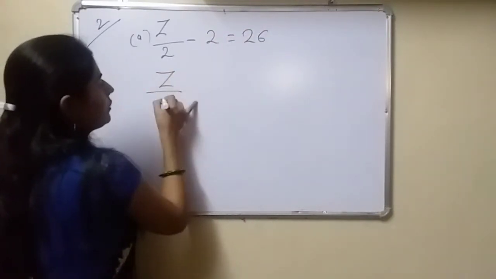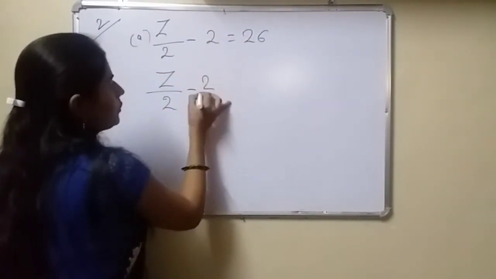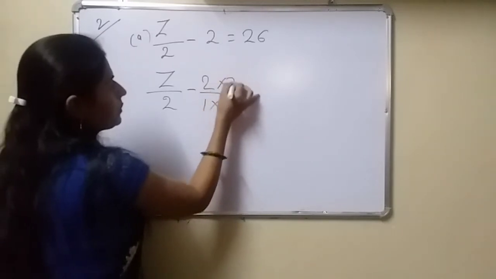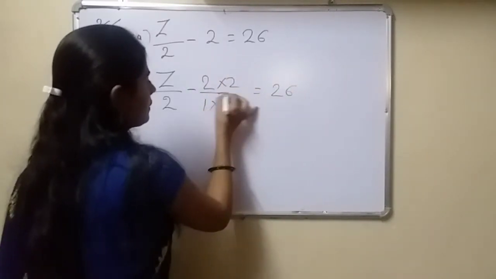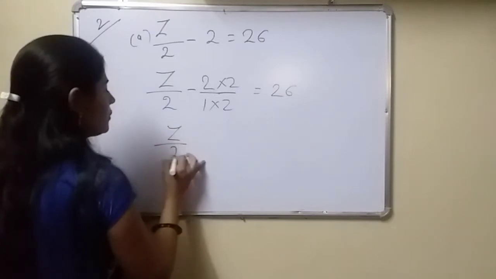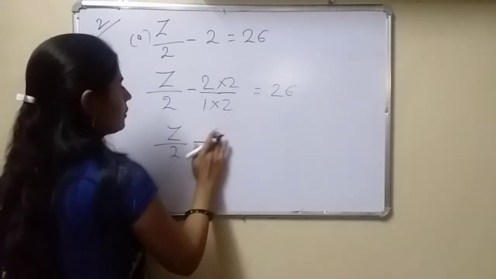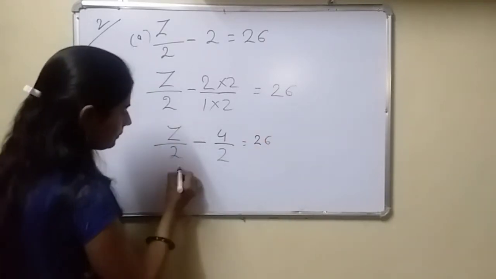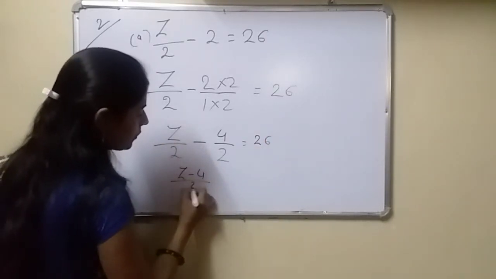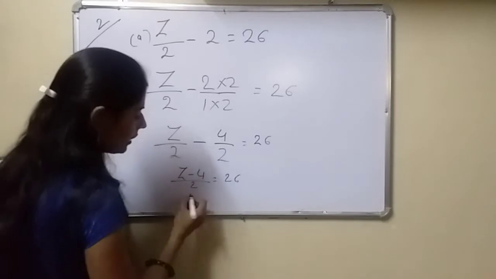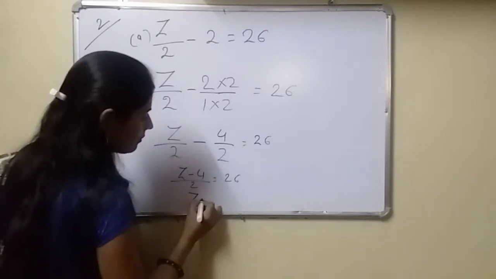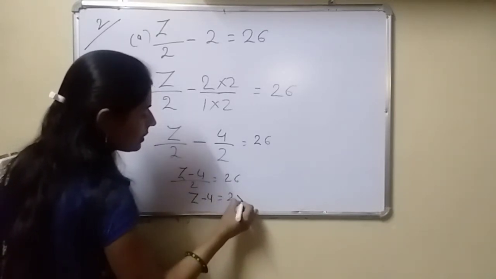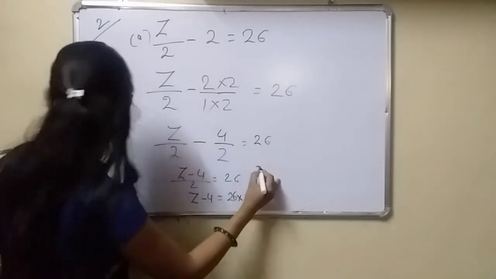So Z by 2 minus 2 by 1 into 2 is equal to 26. So Z by 2 minus 4 by 2 is equal to 26. Now Z minus 4 by 2 is equal to 26.